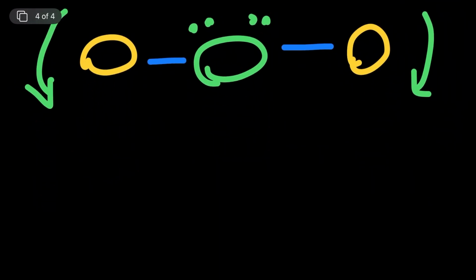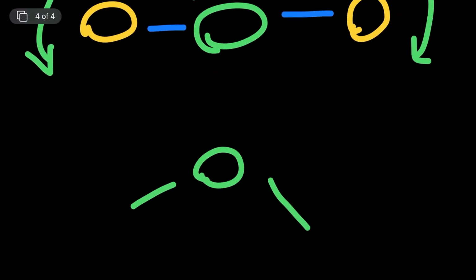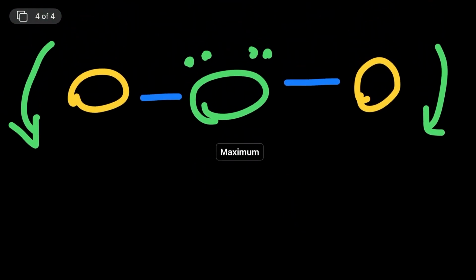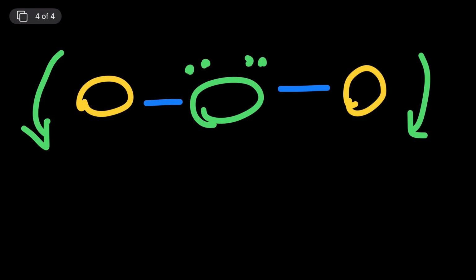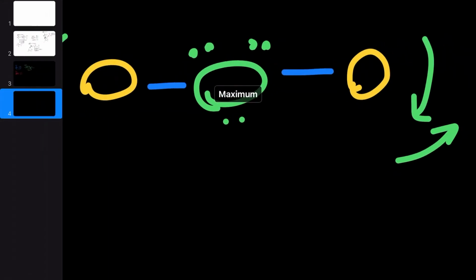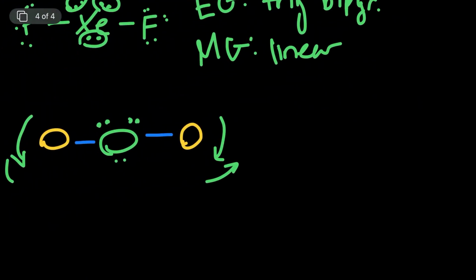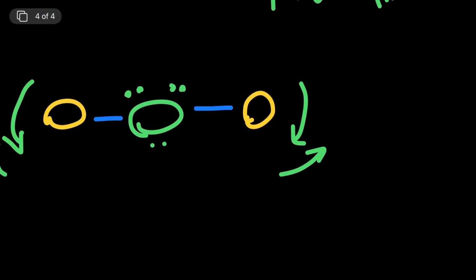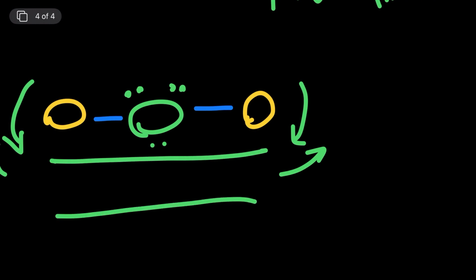So this structure could look like this instead, which is sort of like a bent structure. When you have another lone pair over here, there's once again a net cancellation of this. So it just tends to become a linear structure, a straight line.